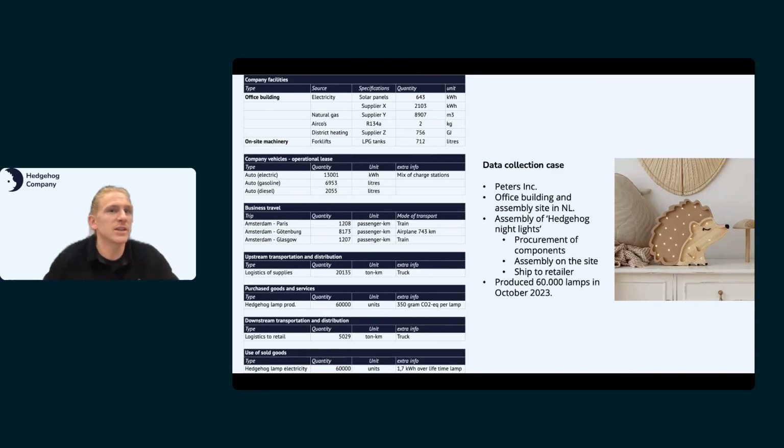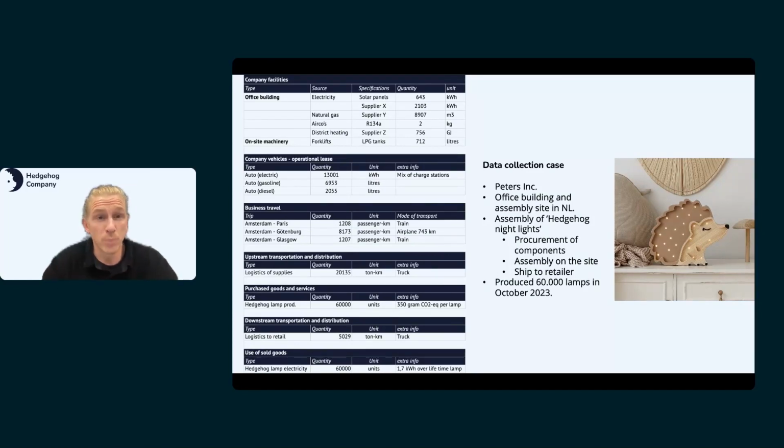There is an electricity consumption there, which is split into two because we have some solar panels on our roof. And of course, solar panels are producing renewable or green electricity. So there's 643 kilowatt hours, and we have an energy supplier or electricity supplier where we have an additional 2,103 kilowatt hours.